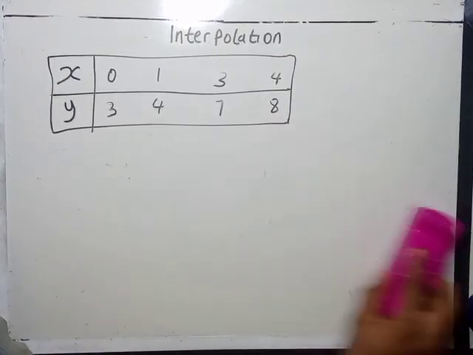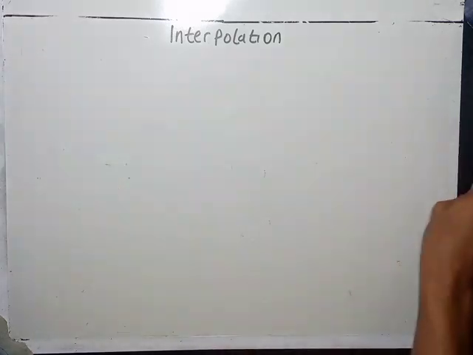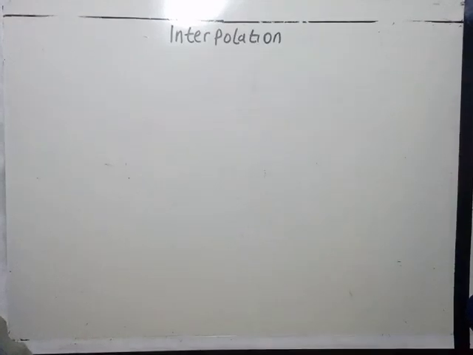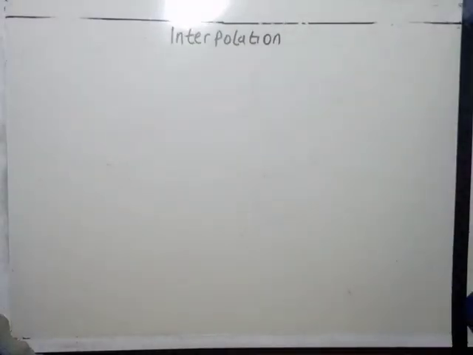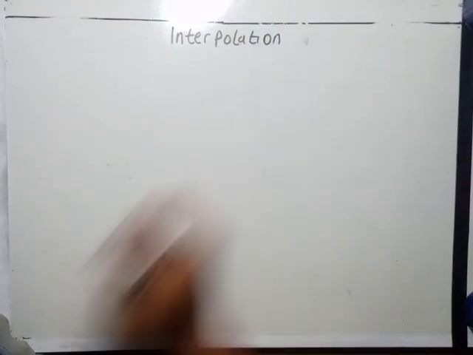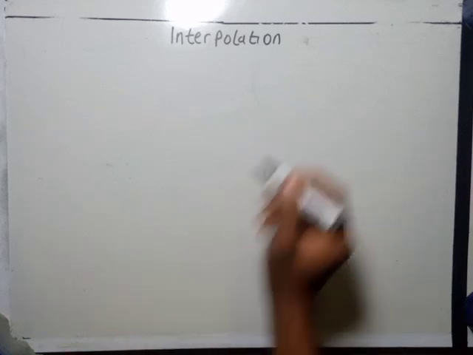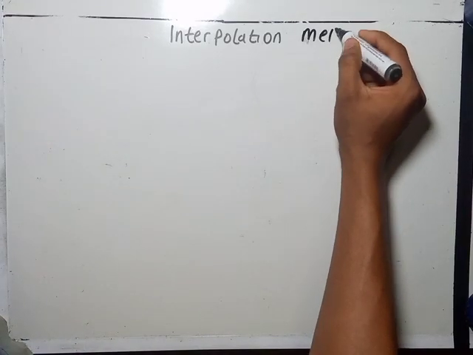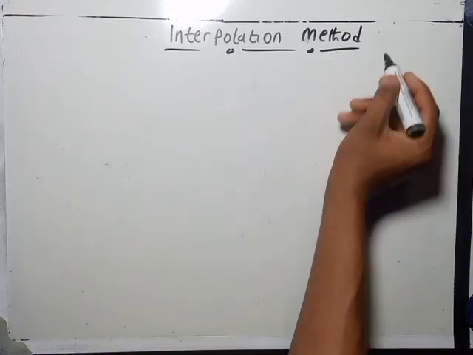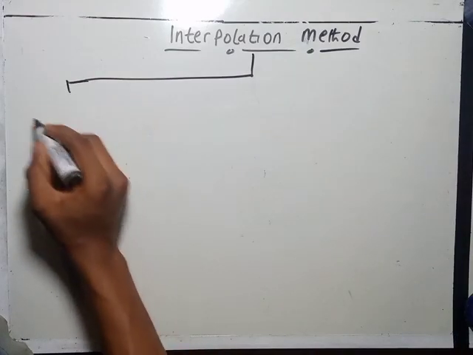So for interpolation, we normally have 4 ways of interpolating. We have 4 methods in interpolation. Now under this, we have the first one, which is what?